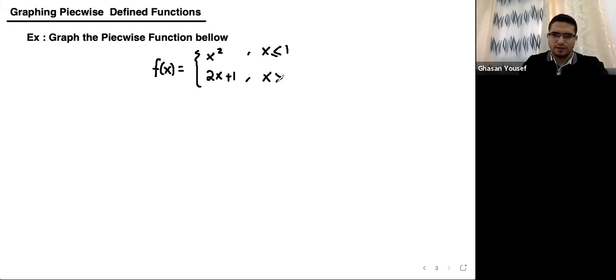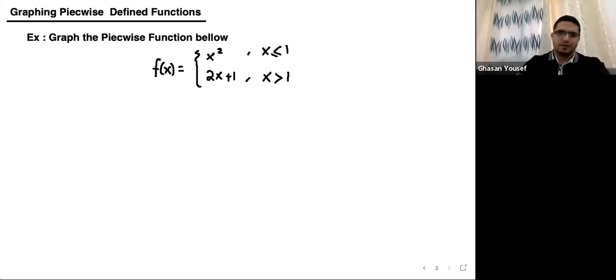Here, when x is greater than 1. So for graphing a function like this, we start graphing the first function, the power function, x squared, but we have to start with the domain. The domain here is x less than or equal to 1. Then after we graph the first part of this function, we go over the second part. We graph 2x plus 1 when x is greater than 1.